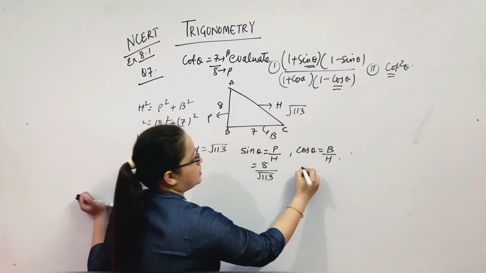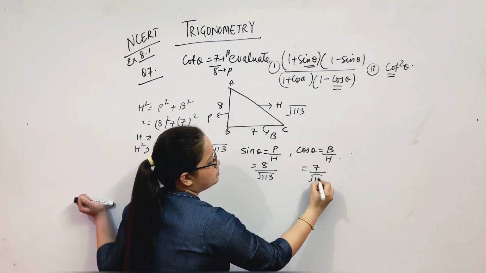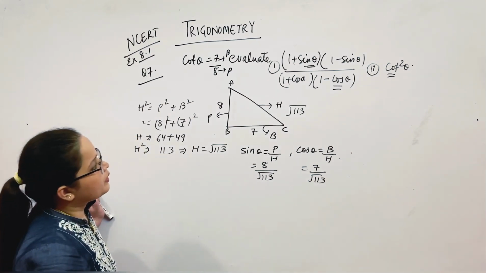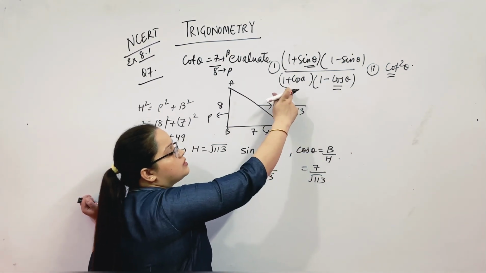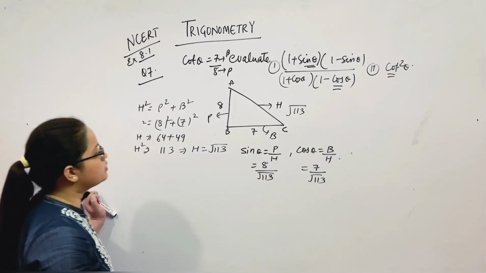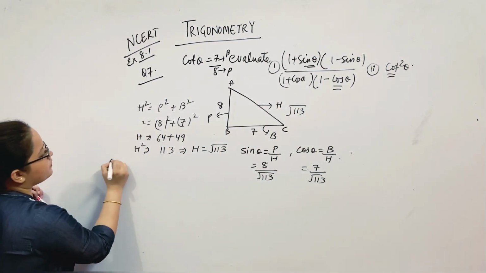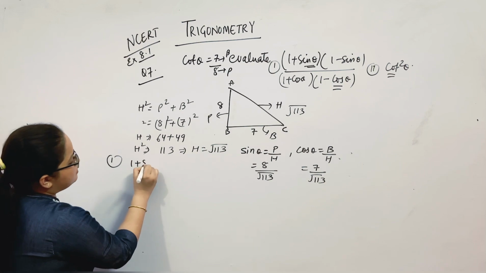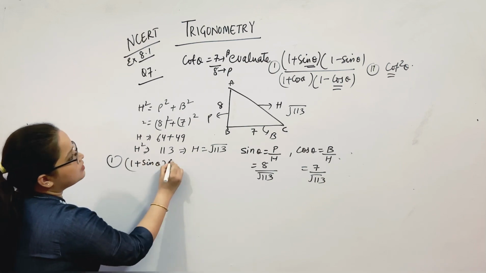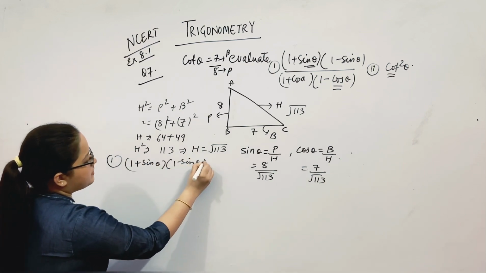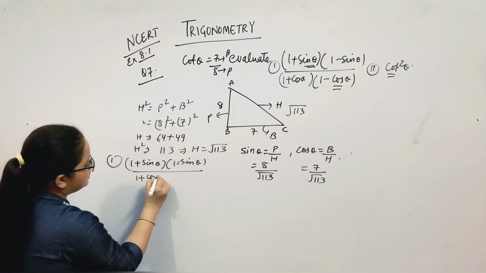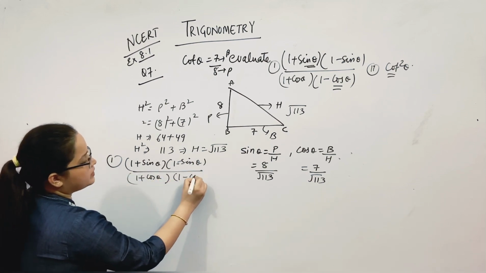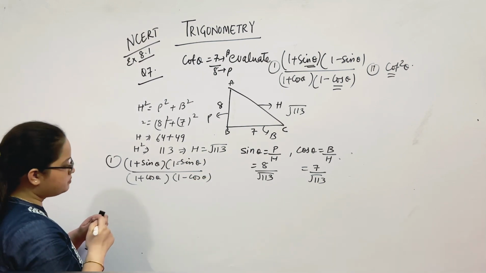Base is 7 and hypotenuse is root 113. Now since we know sine theta and cos theta, we will just put the values in the equation to get the answer. So, (1 plus sine theta)(1 minus sine theta) over (1 plus cos theta)(1 minus cos theta).